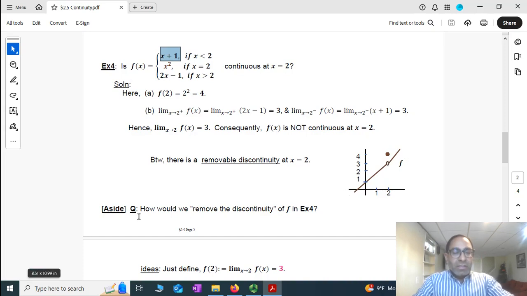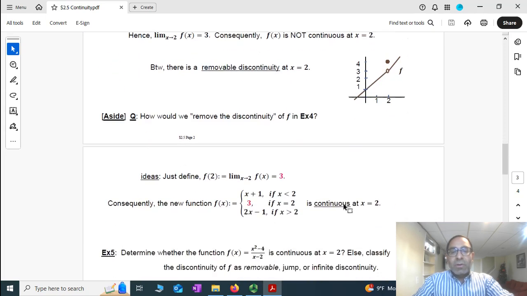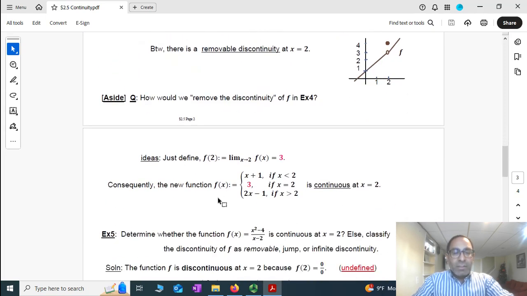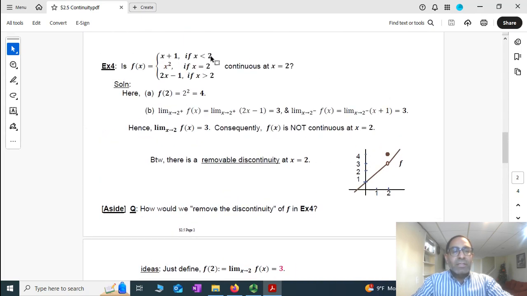So the aside question here: how would we remove the discontinuity of f in example 4, if possible? Okay, so the idea is, let me scroll down, to just define the new function f, assigning the limiting value 3 at x equals 2, and the rest just copy the same pieces given here. When x is less than 2, f is x plus 1.